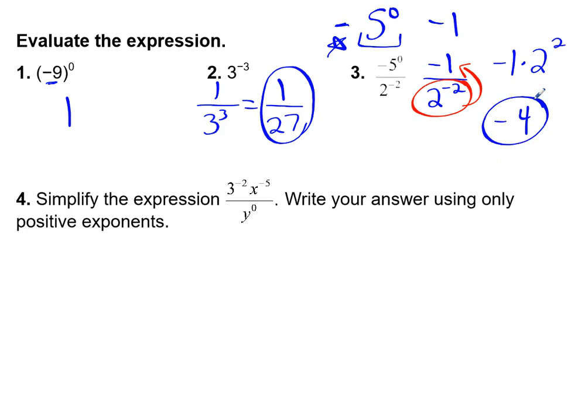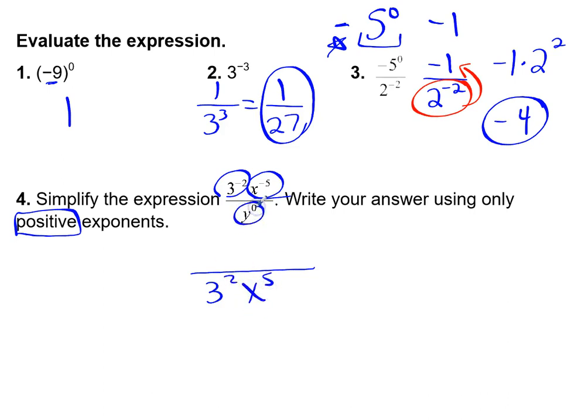On number 4, we're simplifying this expression. We want to write it with positive exponents. So anything that has a negative exponent is going to need to move. Our 3 to the negative 2 has a negative exponent, and so does x to the negative 5. Both of those are going to move to the bottom.